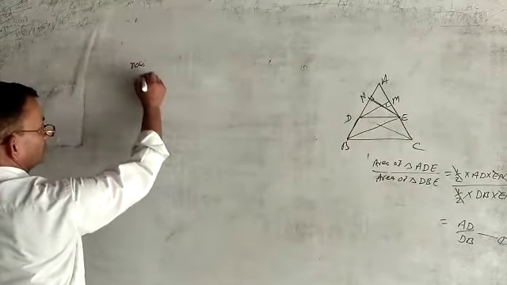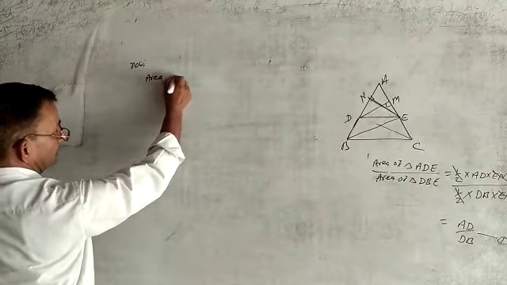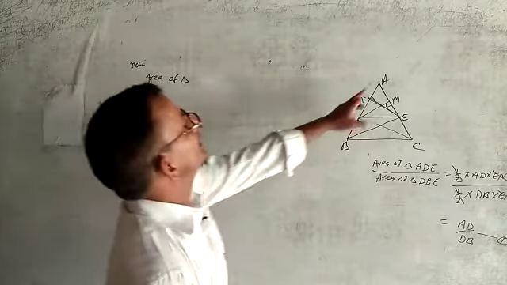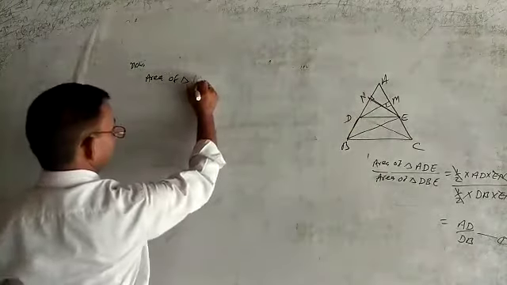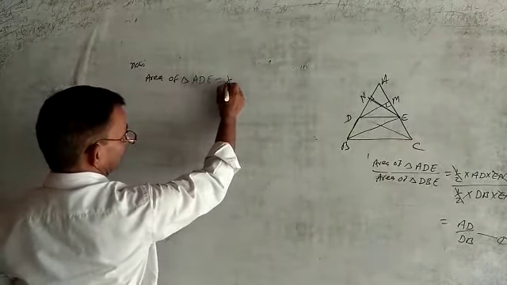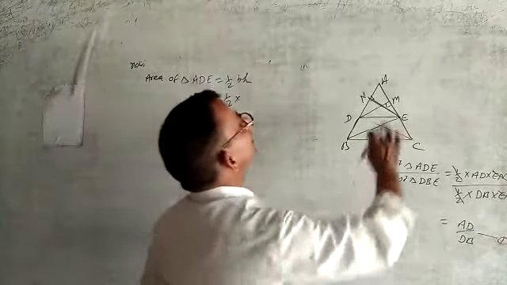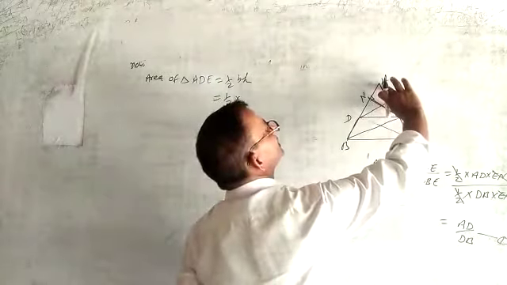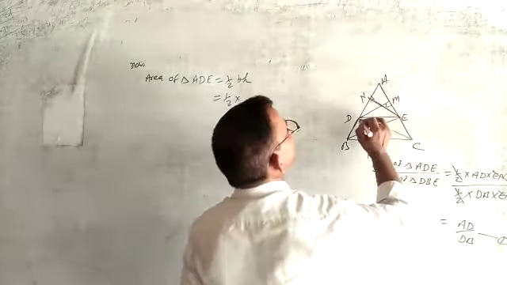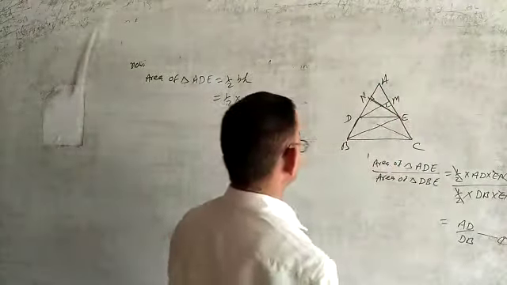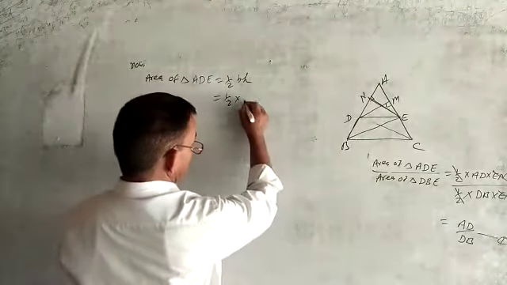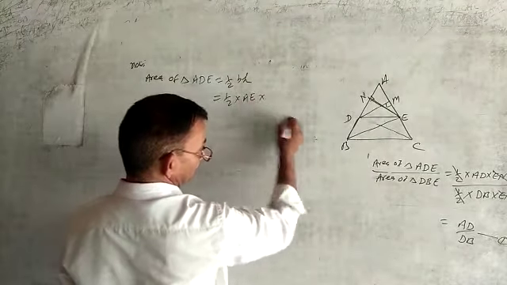Now area of triangle ADE again, base into height. When AE is the base, in this condition DM will be the perpendicular. So AE is the base, DM is the height, and area is 1 by 2 AE into DM.